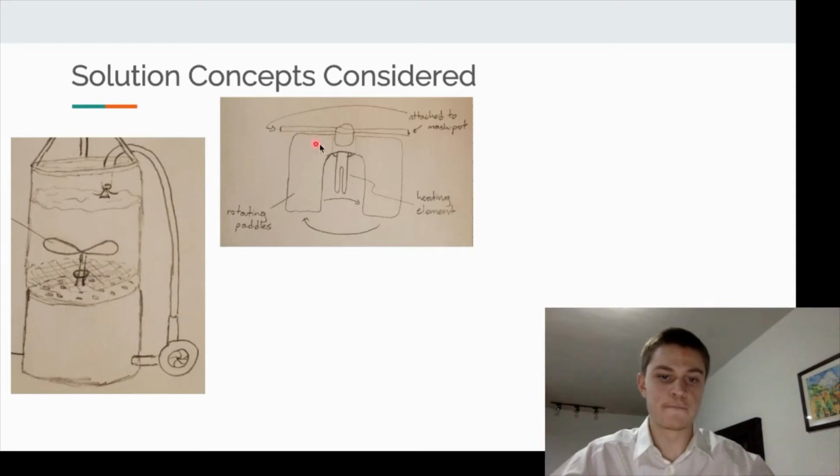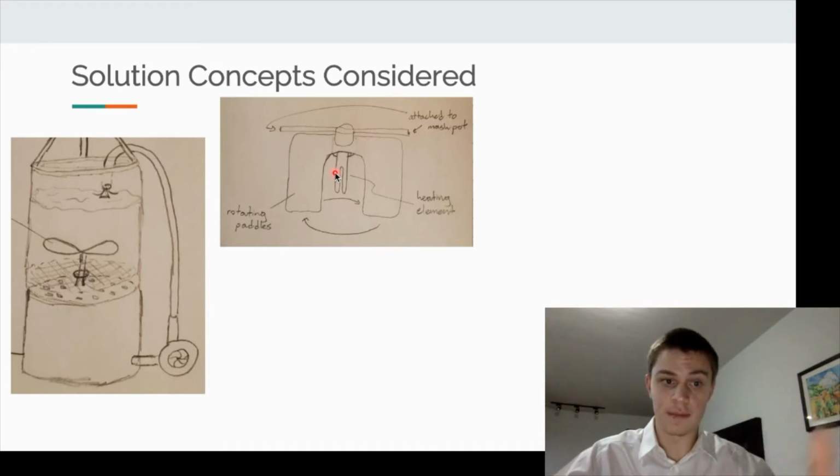a stir that would have rotating paddles. And we thought about adding a secondary heating source to this device so that we could ensure a proper temperature distribution, or a consistent temperature in the mash.